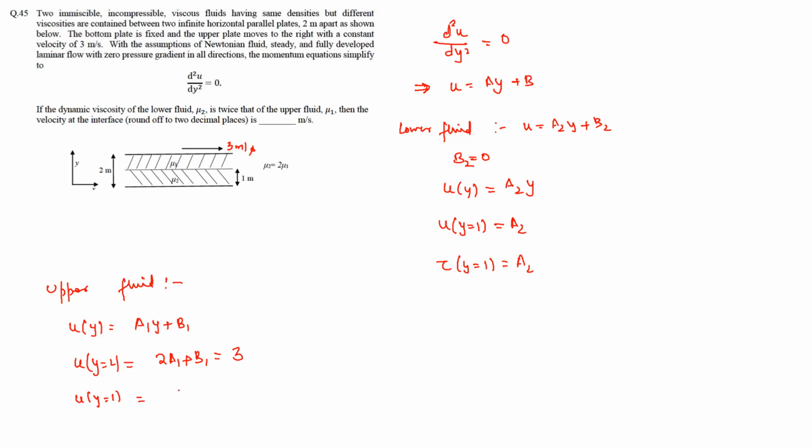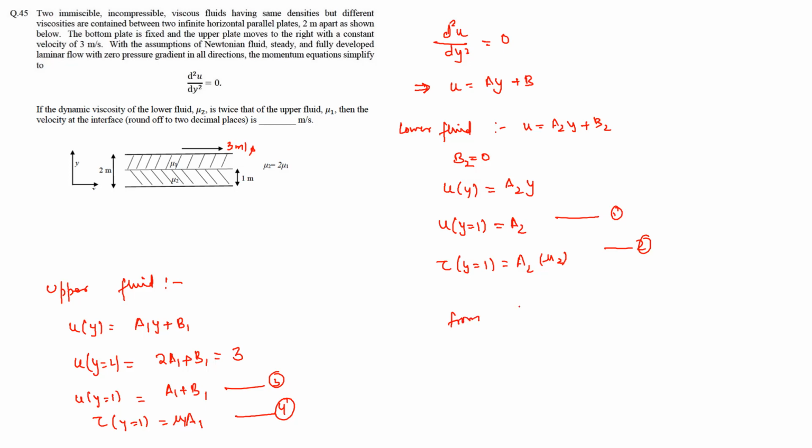Also at the interface the velocity was just a1 plus b1, and tau at the interface was just a1 times mu. This should be multiplied with mu, and this will be mu2 and this will be mu1. Now we are saying that at the interface the shear stress is the same, so let's call this 1, 2, 3 and 4.